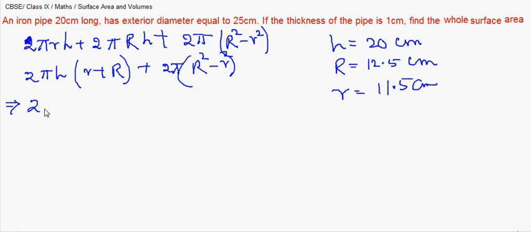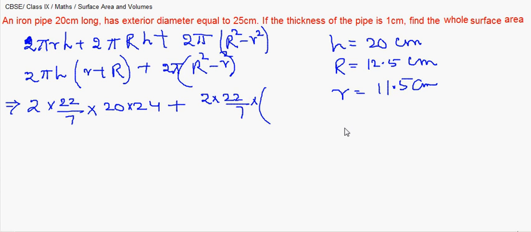2 into, I'll substitute 22 by 7, h is 20. If I add this 12.5 and 11.5, it will be 24. I can remove this bracket and put a multiplication symbol there, plus again there is a 2 pi, so it is 2 into 22 by 7, and in the bracket it is 12.5 square minus 11.5 square.